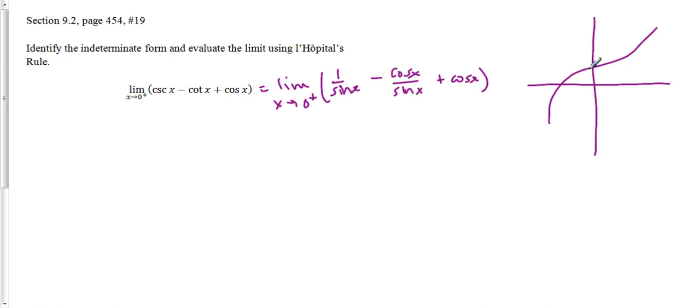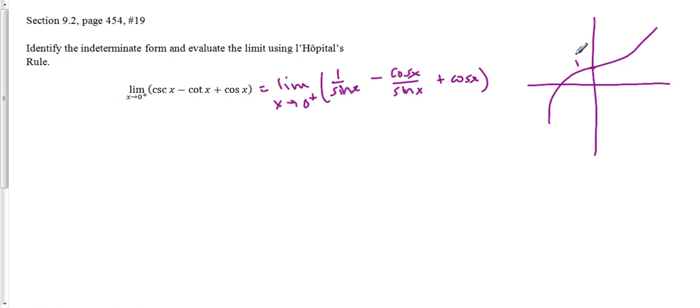But I really just care about what's going to happen when my curve crosses the y-axis. And it seems to cross the y-axis at 1. So that's what I'm going to guess that the limit's going to be based on my graph, but I still need to solve it analytically.